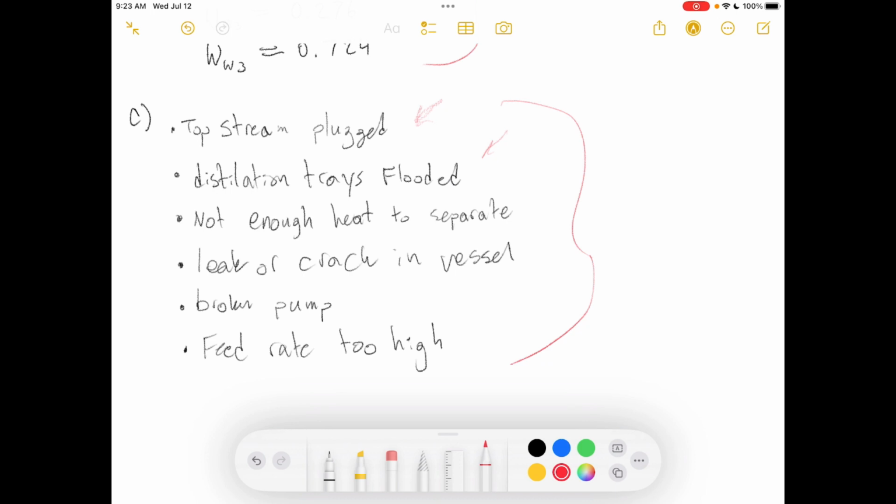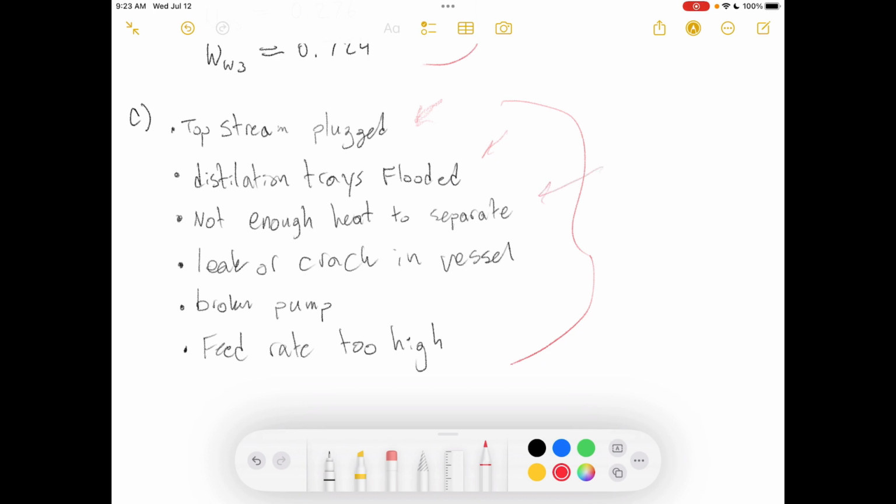They bring liquid with them on their way up, and that's what's called flooding the column. So that liquid that should be going out the bottom, there's so much upward momentum from the bubbles that it carries that liquid that would, if you let it sit long enough, separate from the bubbles, but it doesn't get a chance to separate because it's moving so quickly.